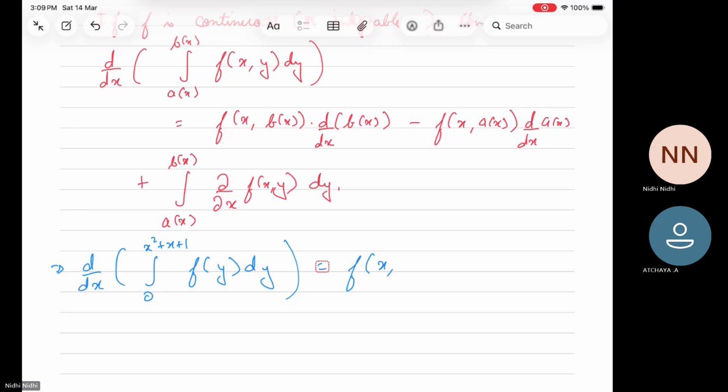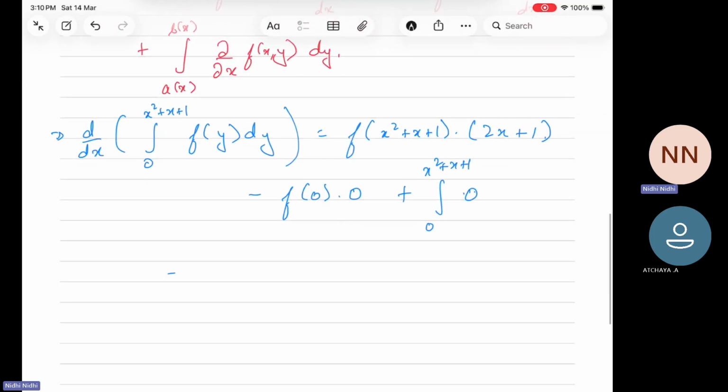Since we do not have x, y will be replaced by the upper limit function, x squared plus x plus 1, times the derivative of the upper limit, which is 2x plus 1, minus f of the lower limit times the derivative of the lower limit, 0, plus the integral from 0 to x squared plus x plus 1 of the partial derivative of f with respect to x, which is 0 here.